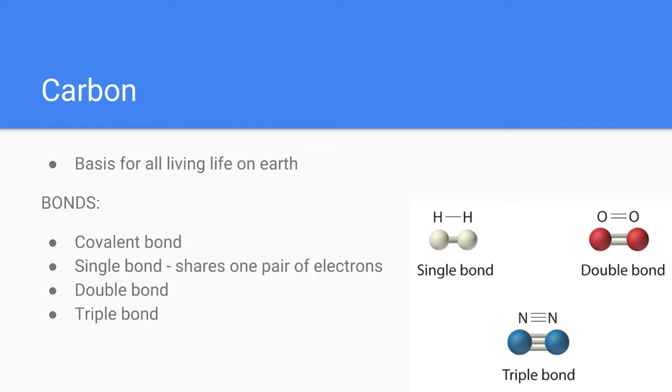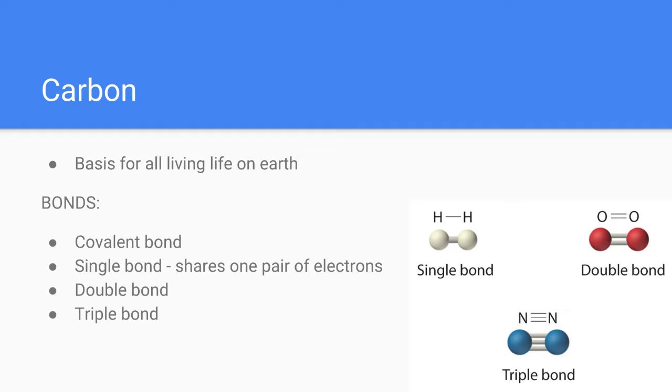Alright, moving on, what is carbon? Carbon is the basis for all living life on Earth right now. Carbon bonds very frequently with itself and with other things, and that's why it's such a common element to bond with. The bonds carbon has are covalent bonds, and in a covalent bond, they share electrons.